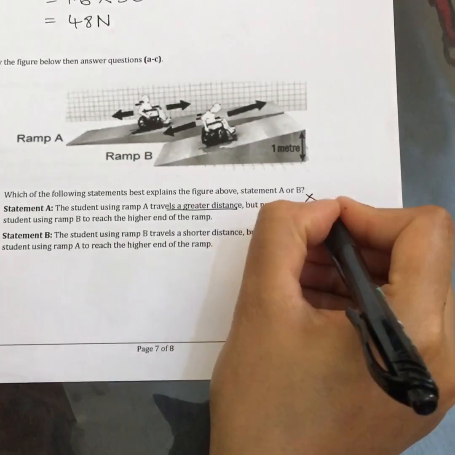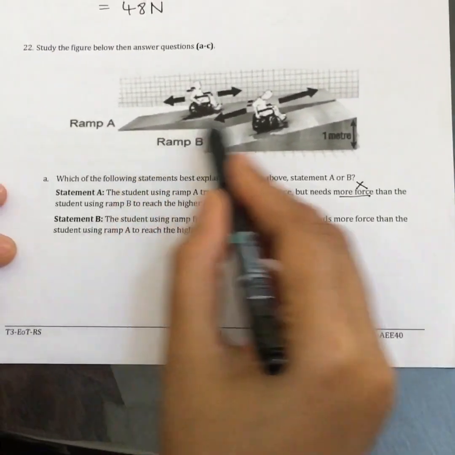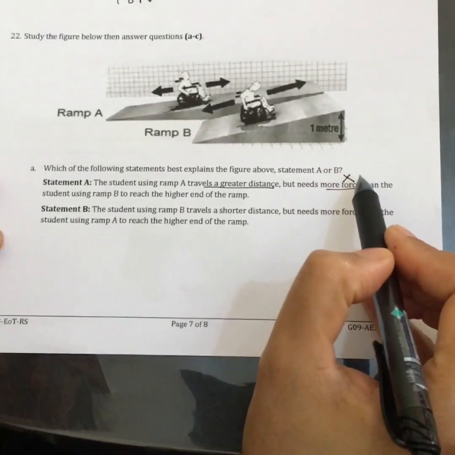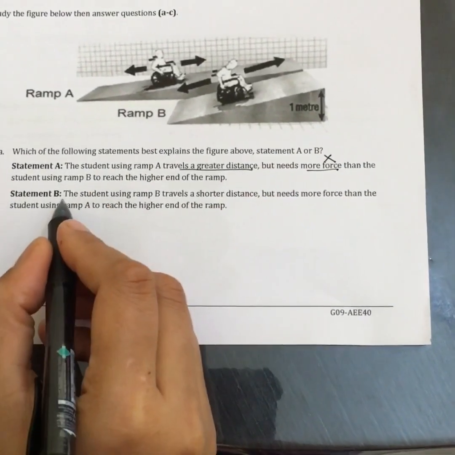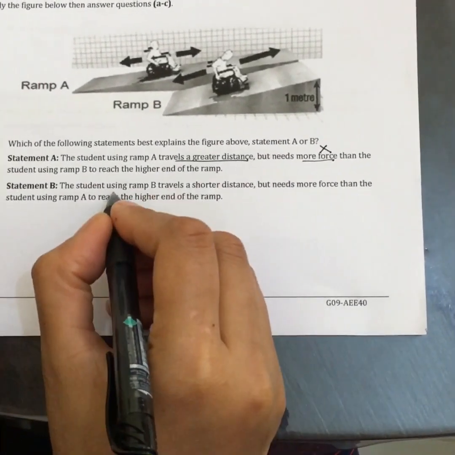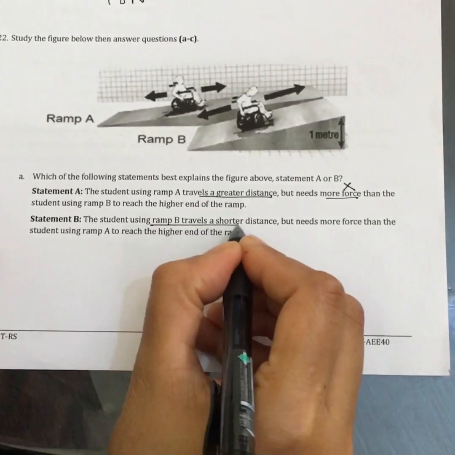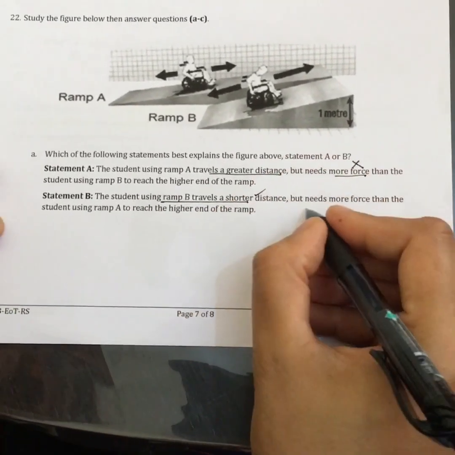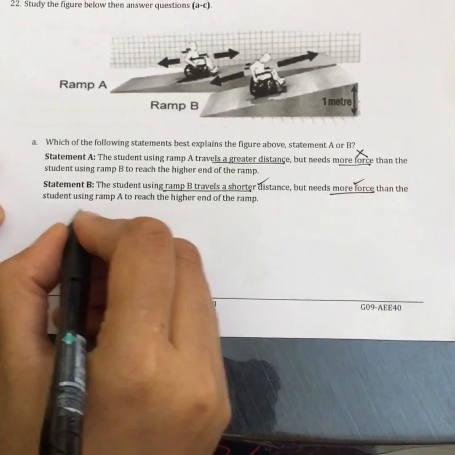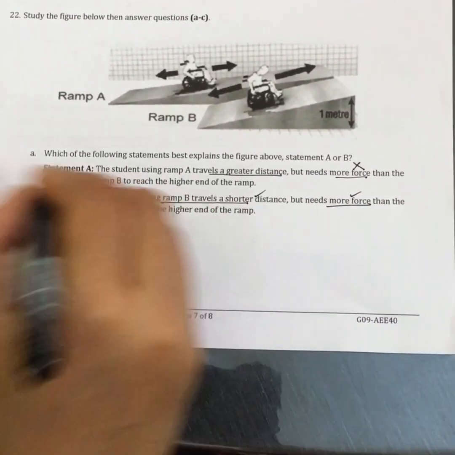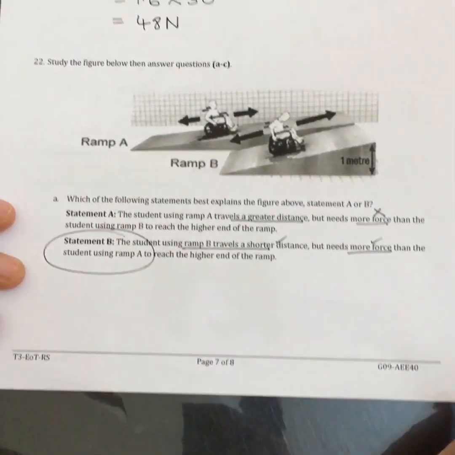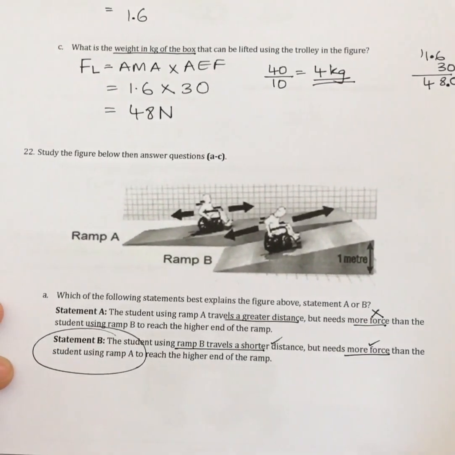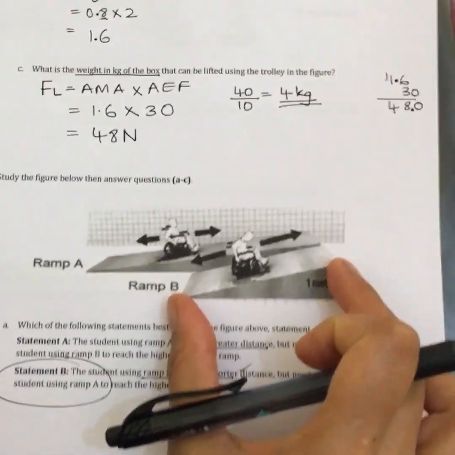That is not correct, because a greater distance means the force reduces. Let's check statement B. Statement B, the student using ramp B travels a shorter distance, needs more force than the student using ramp A. So statement B is correct, because shorter distance, when the ramp is short, the effort is more.